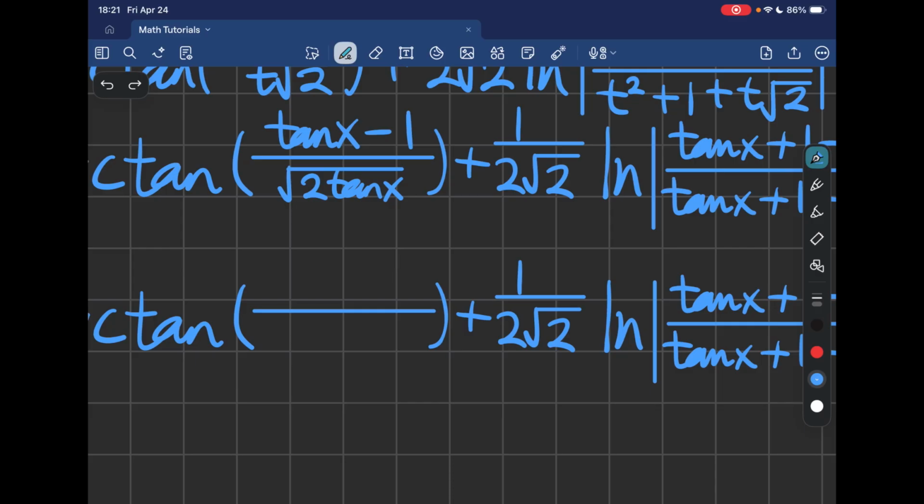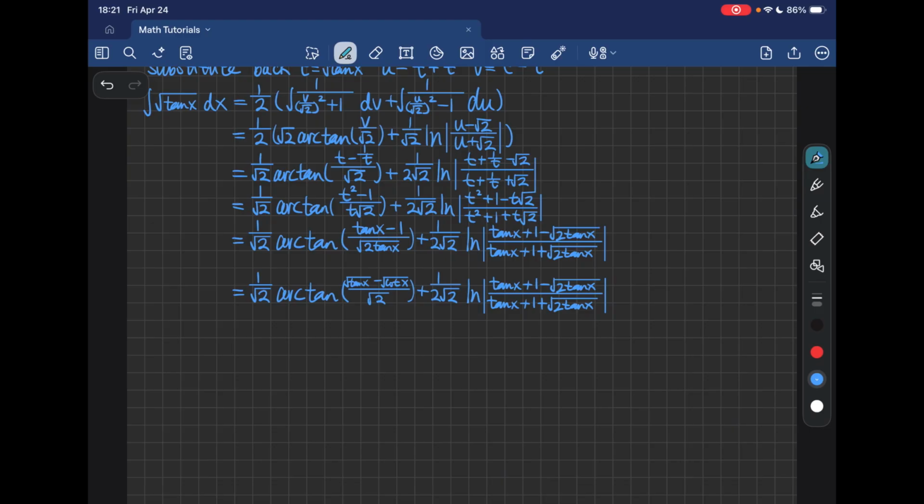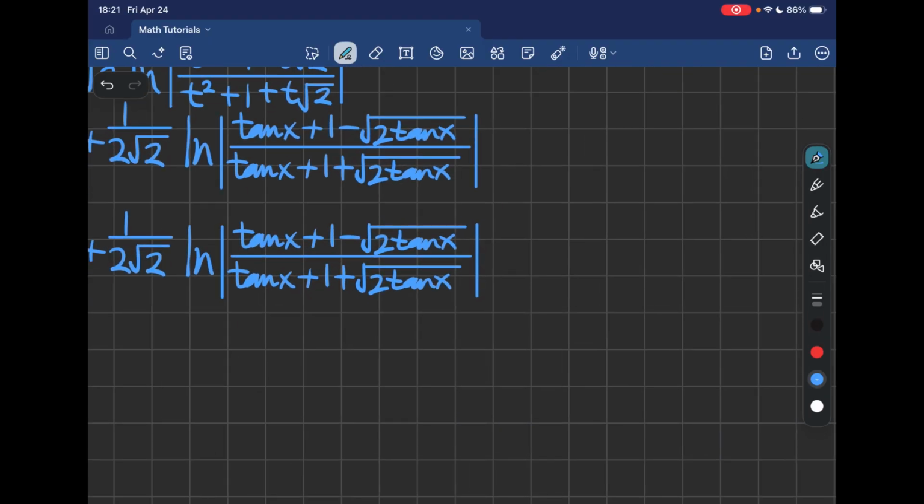So here we have square root of tan x minus 1 over square root of tan x, so that's just minus square root of cotan x. And then the denominator will just be square root of 2. Yeah, so that's the full answer, plus c.